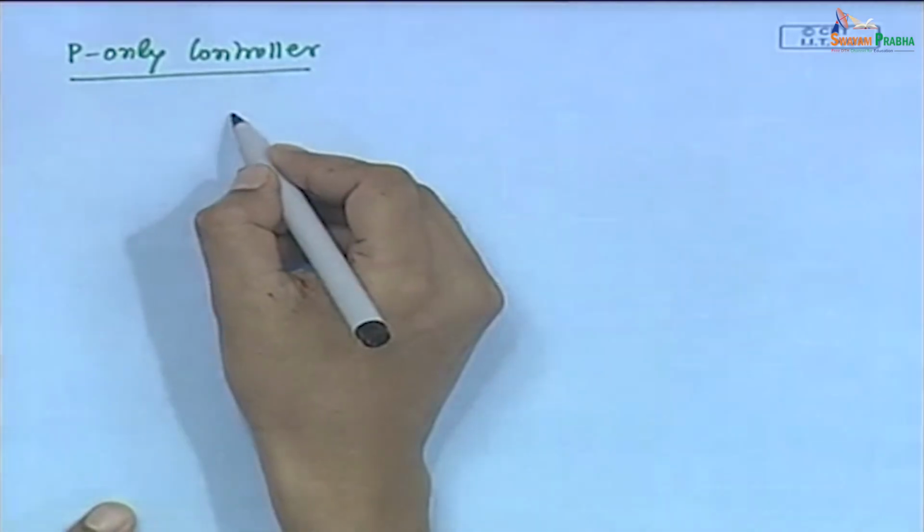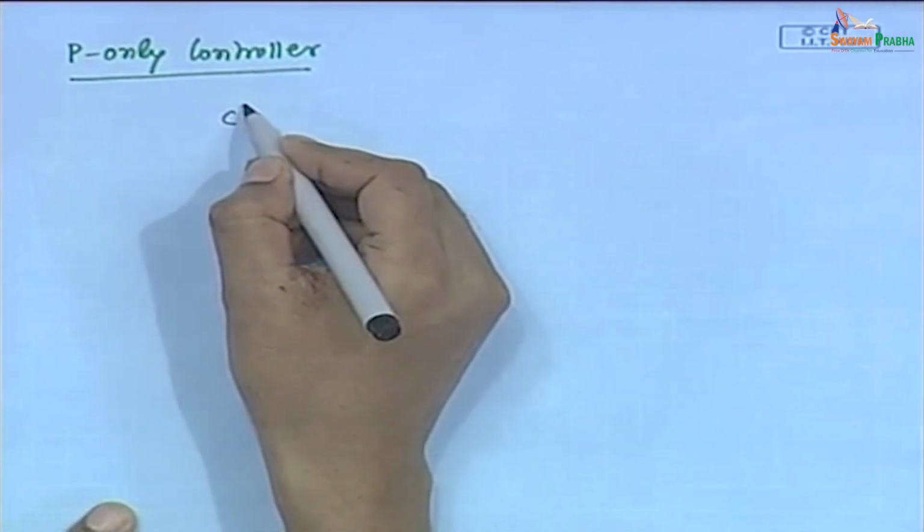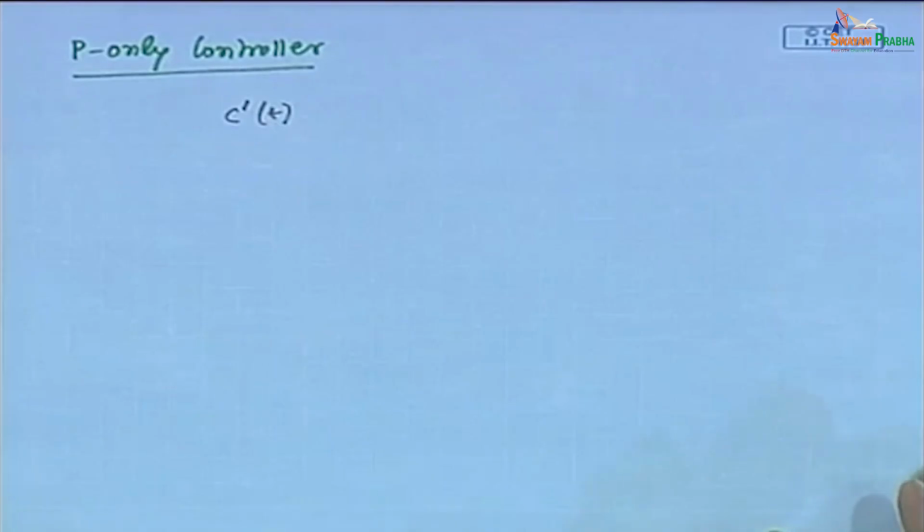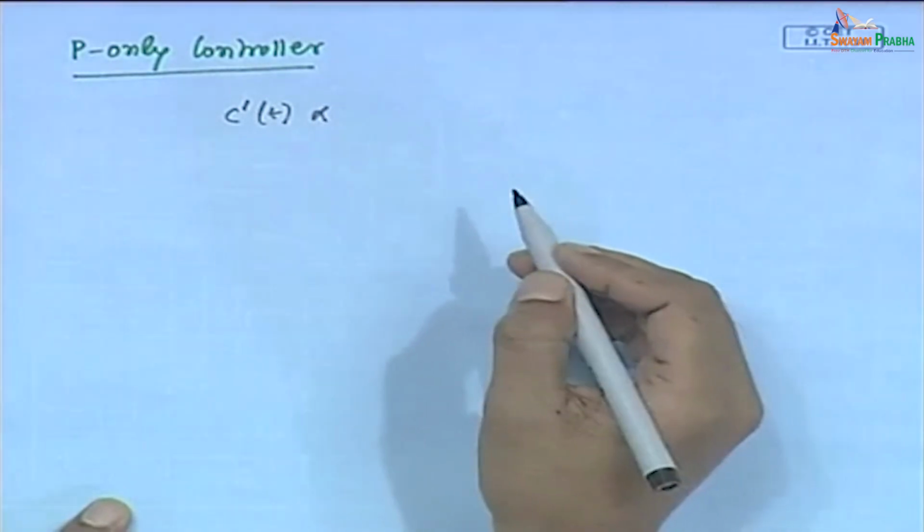The controller output C, which can be written in terms of deviation variables as C prime t, is proportional to the error signal.